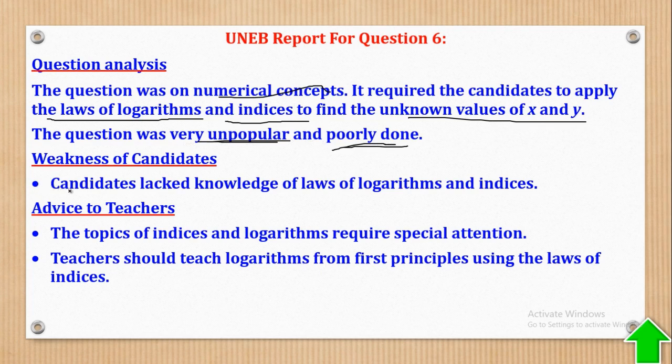So the weakness is because some candidates lacked knowledge of laws of logarithms and indices. So the advice is that the topic of indices and logarithms requires special attention. This is the advice to teachers and also to students as you are revising. Give special attention to indices and logarithms.